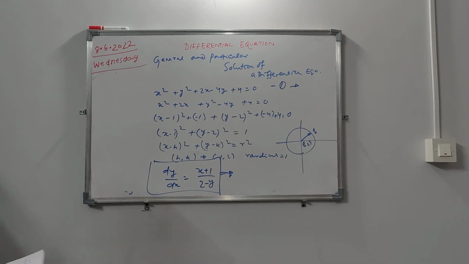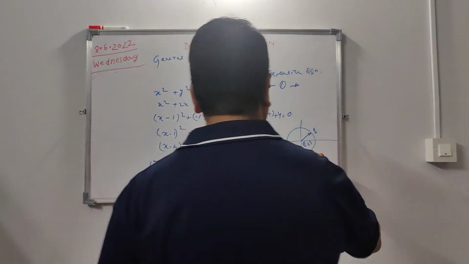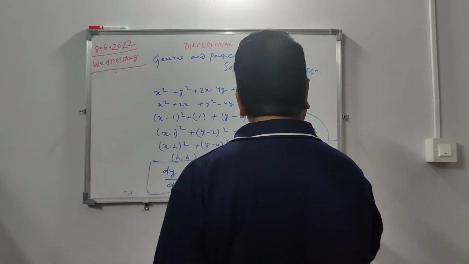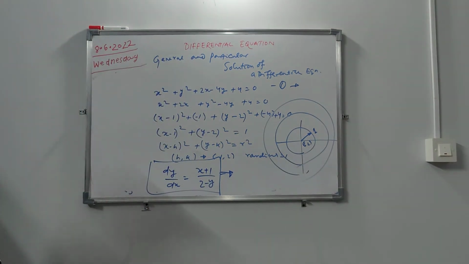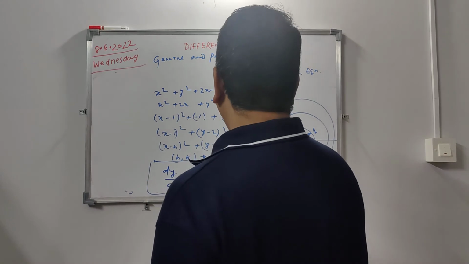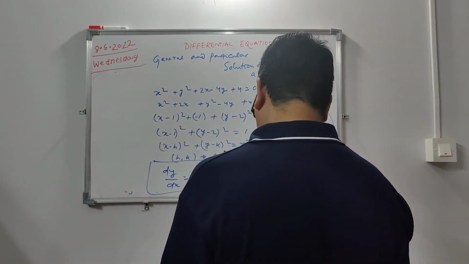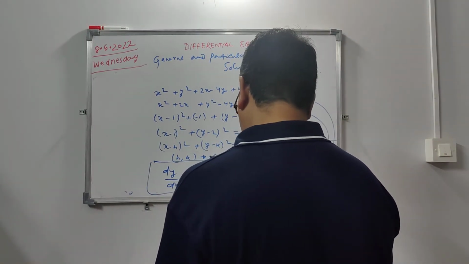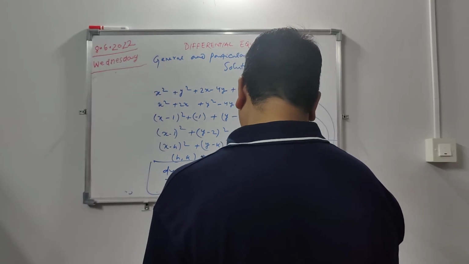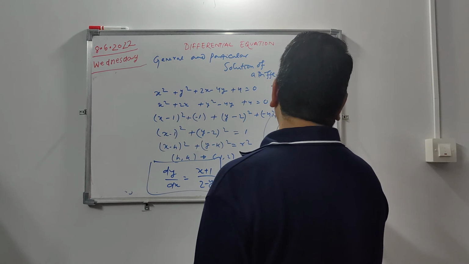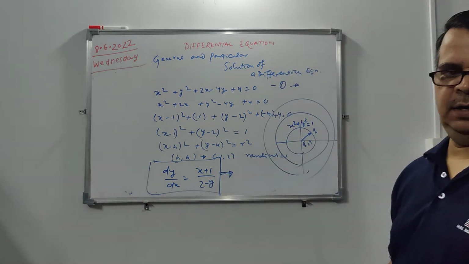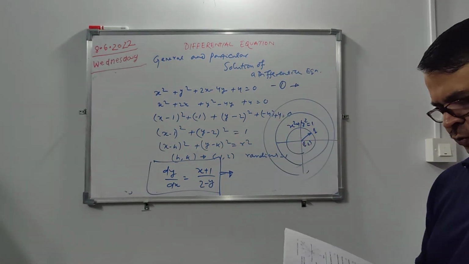There can be a family of circles. For example, x square plus y square is equal to r square. Let us say x square plus y square is equal to 1, this is a circle with radius 1.